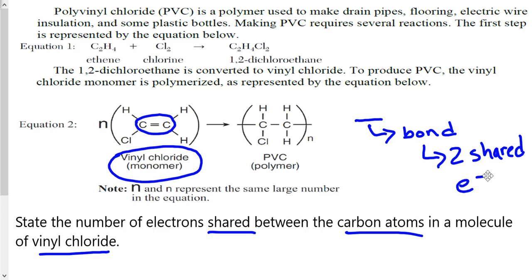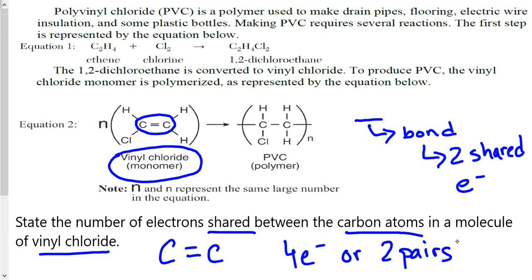Since I have two bonds between these two carbons, C double bond C, the number of electrons that will be shared is 4. So they're sharing 4 electrons, or you can also write 2 pairs of electrons shared between those two carbons. And that would be our final answer for this question.